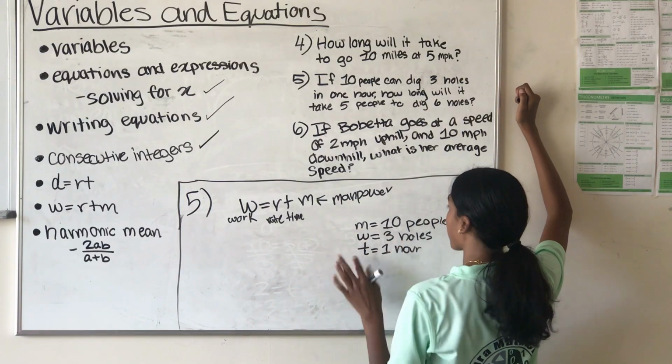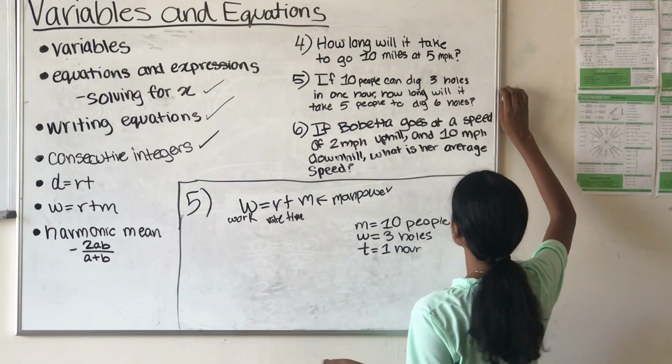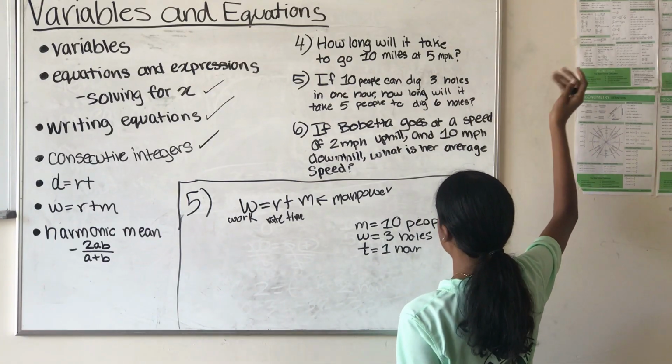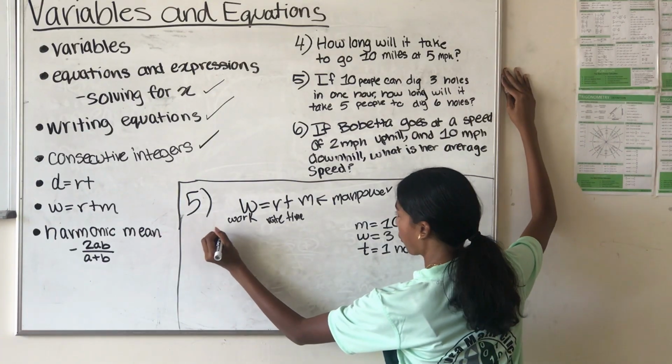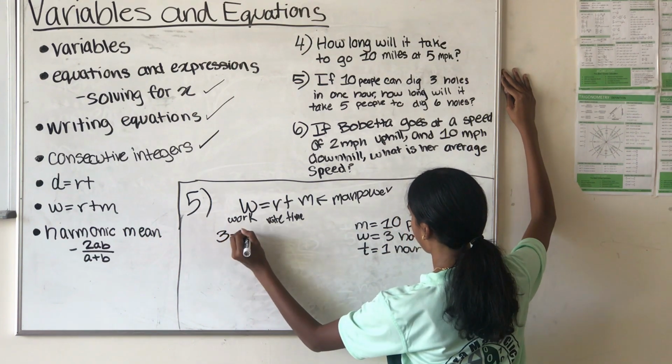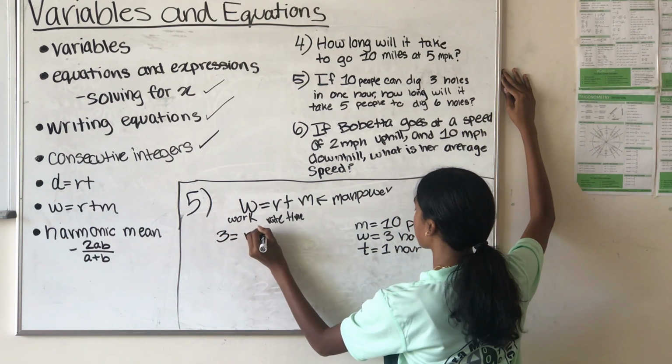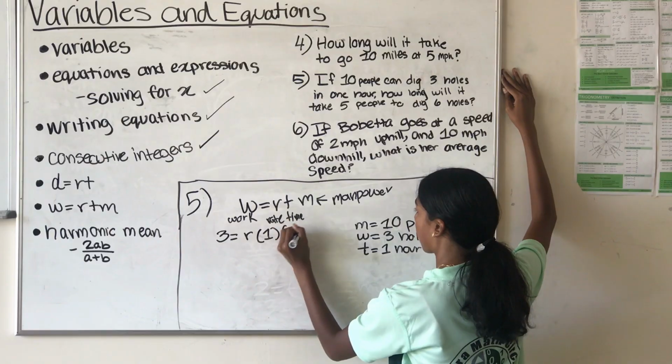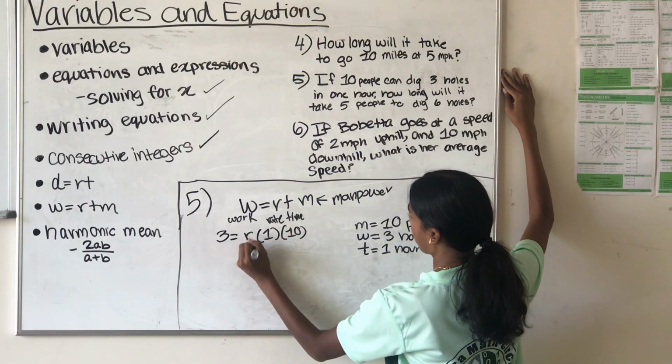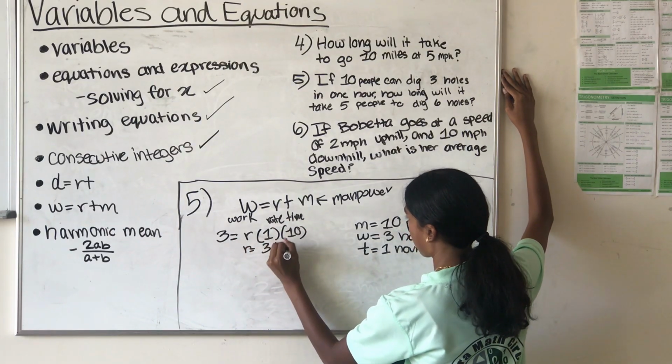So we want to find the rate for this first. That way we can find the rate and plug it in here to find the time. So doing so, we get 3 equals R times 1 times 10. Solving for R, we get 3 tenths.